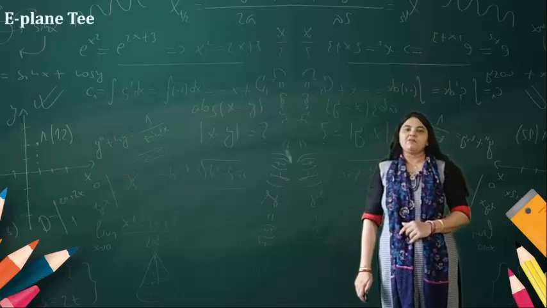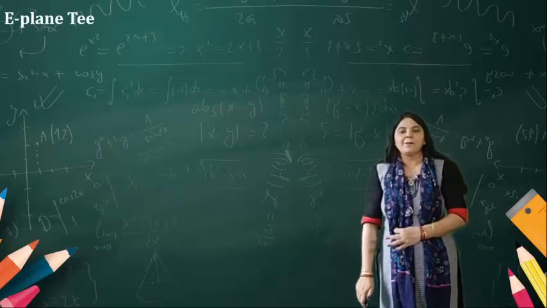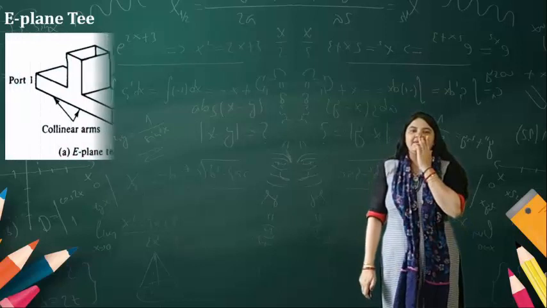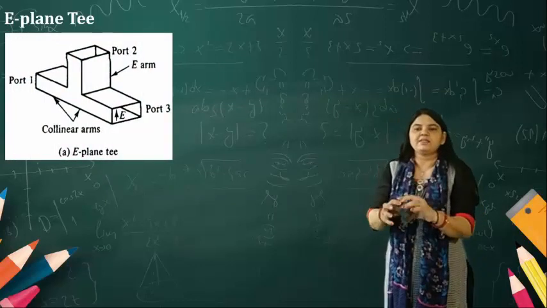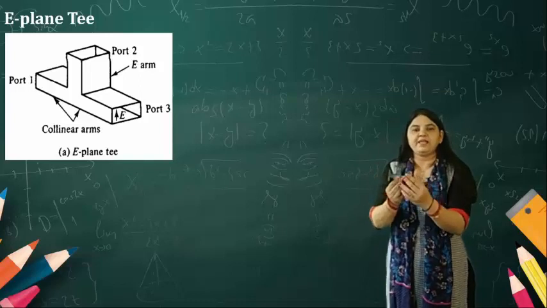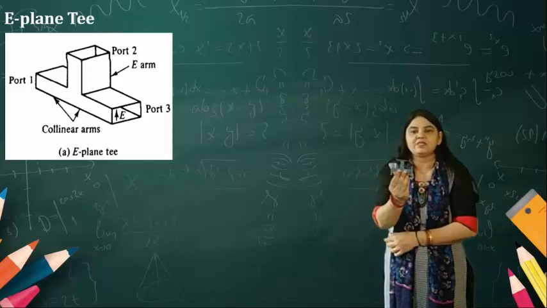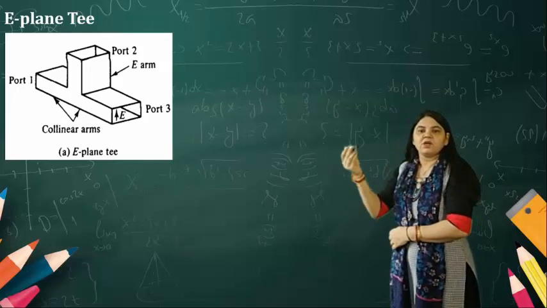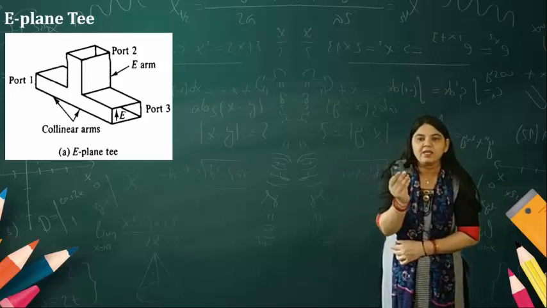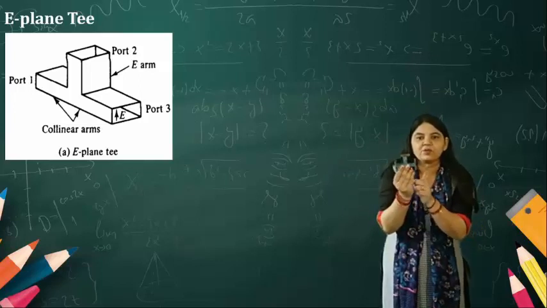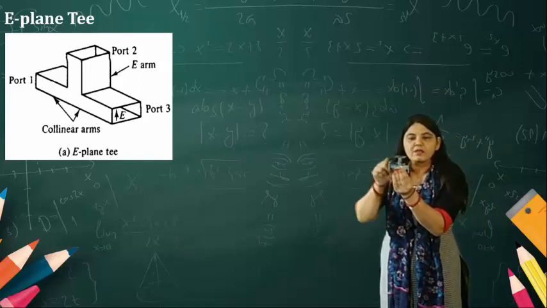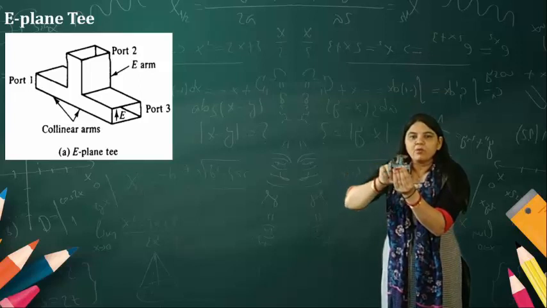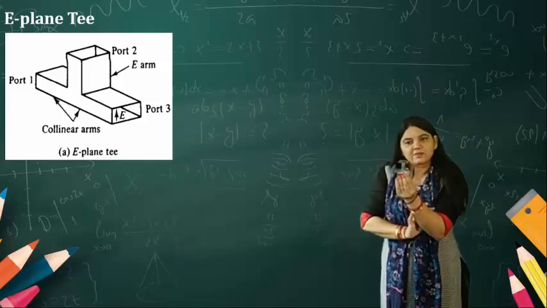So now we will learn in detail about the E-plane T. Here you can see that this is the E-plane T. Now you can consider this diagram over here. This is my port number 1, then port number 2 and port number 3.